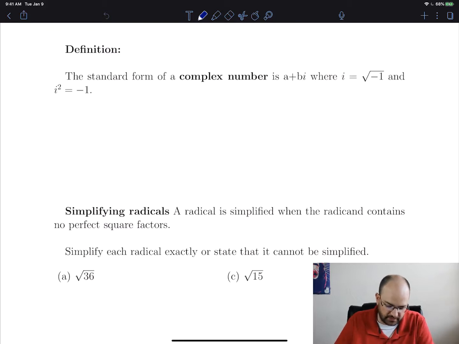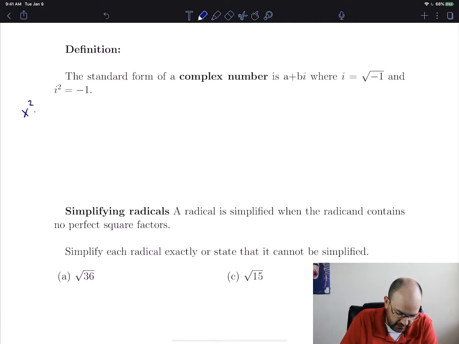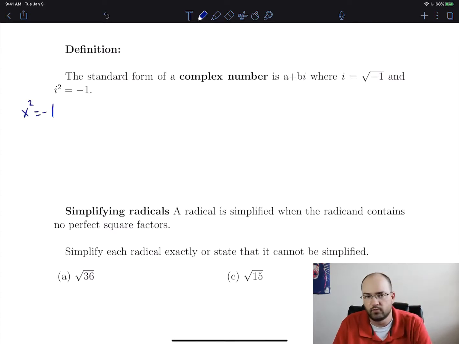And the reason that this comes about, at least not historically, but the way that we like to talk about it for now, is x squared equals -1. What's the solution to that? Well, really, there are only two possibilities. It's either -1 or +1 in the real numbers. So what is -1 squared?